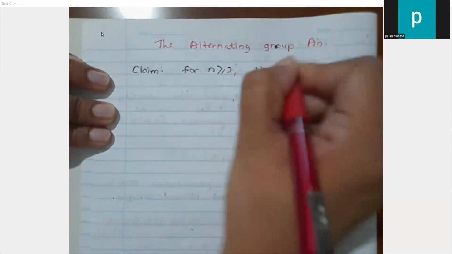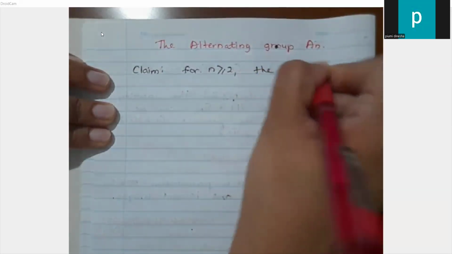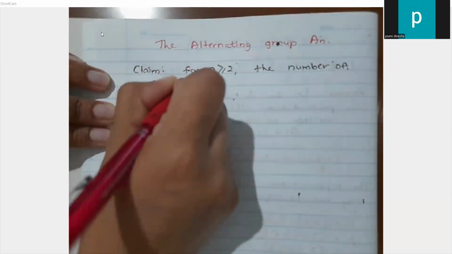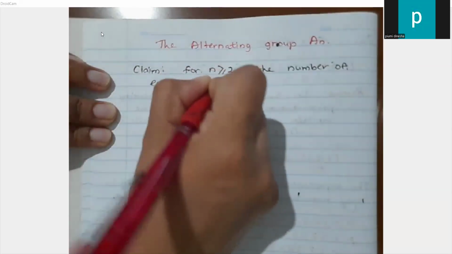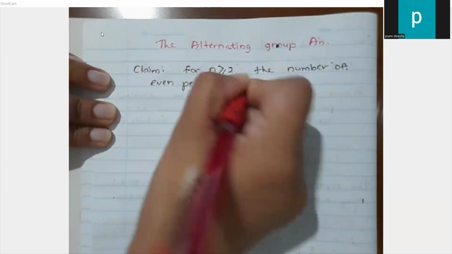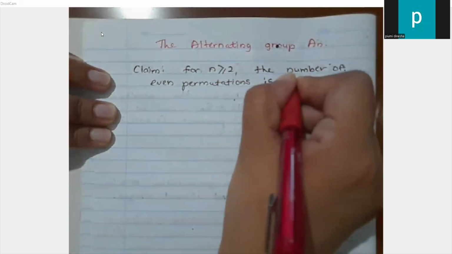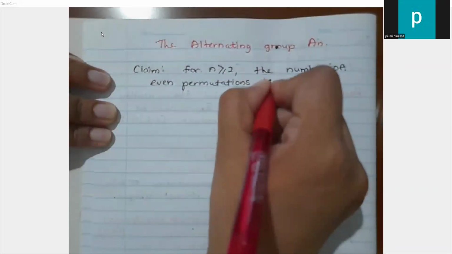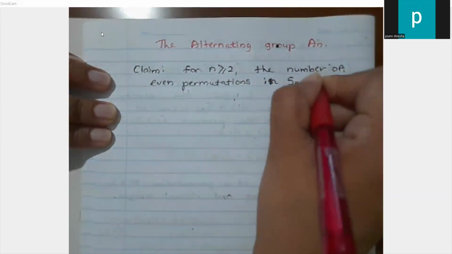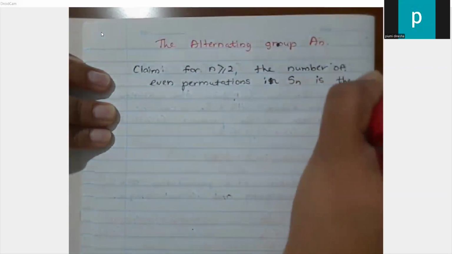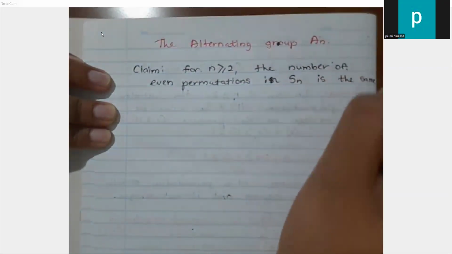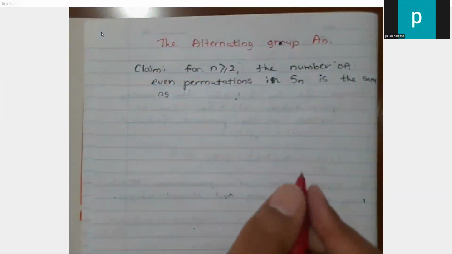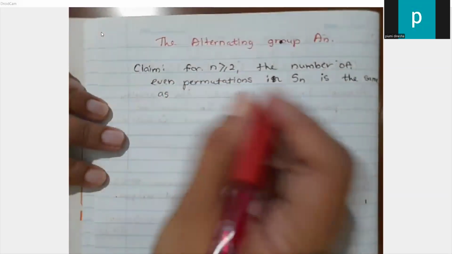The number of even permutations in Sn is the same as the number of odd permutations in Sn.